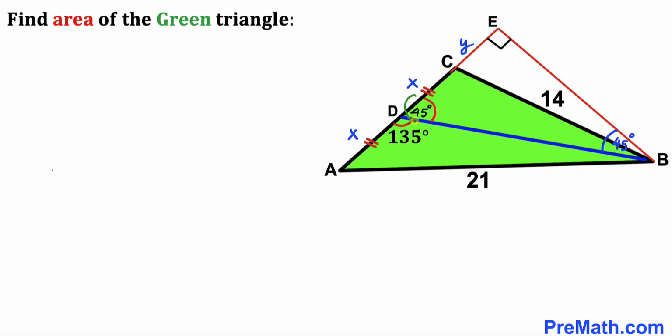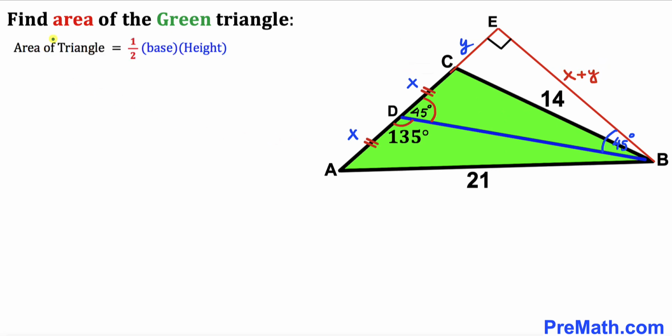Since both of these angles are 45 degrees, this is an isosceles triangle. In other words, side length ED equals side length EB, and we know ED is X plus Y. Therefore, side length BE is X plus Y as well.